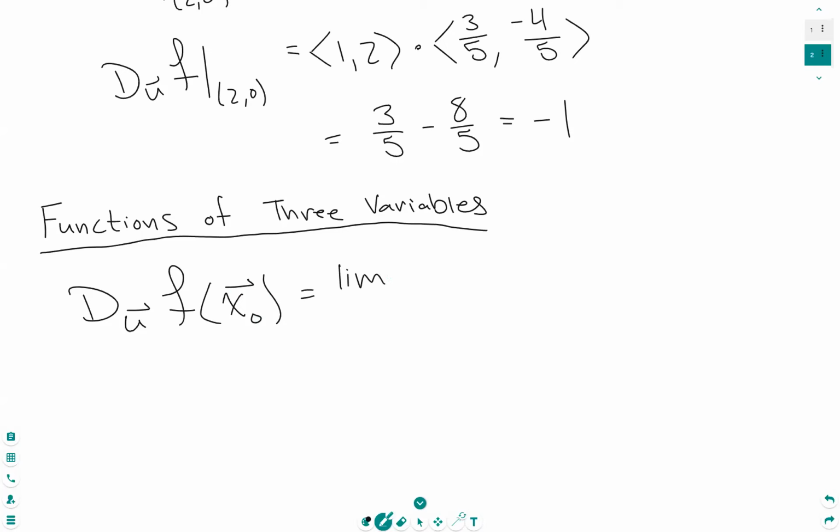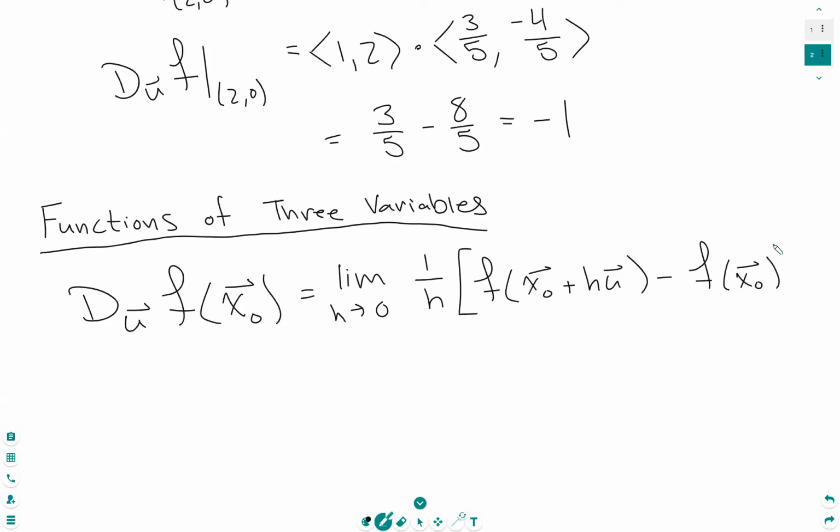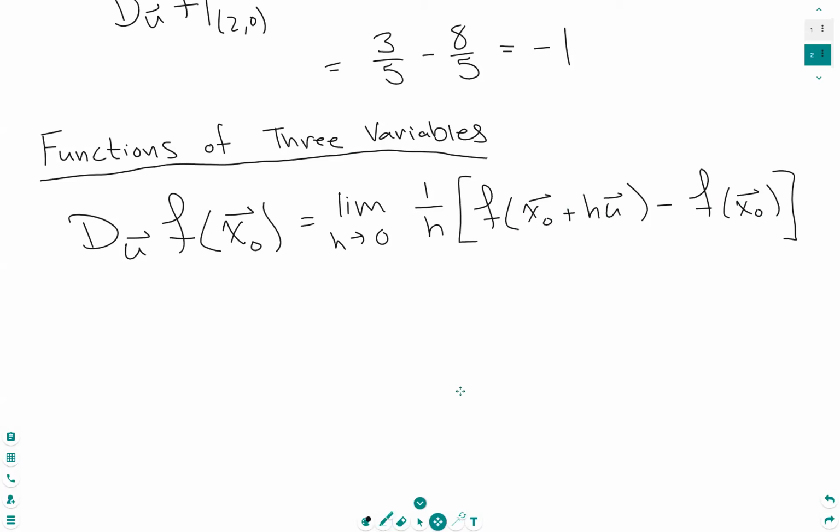This is the limit as h goes to 0 of 1 over h times our function at x naught plus h in the u direction minus f at x naught. So very similar. In case the u vector is in 3 dimensions, a, b, and c, this would be x naught plus h times a and y naught plus h times b, and then z naught plus h times c, and so on. So you're just adding that extra coordinate there.